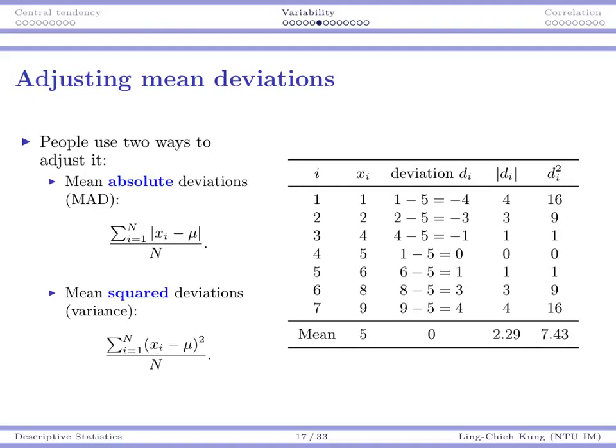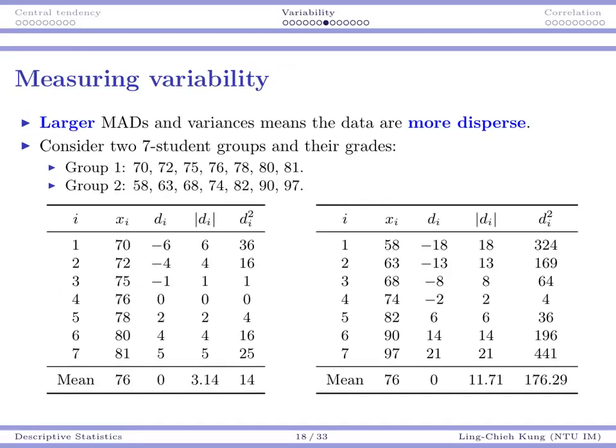So now we have 2 ways to measure variability of a set of data. Either you use MAD or you use variance. These are 2 measurements that use all the information contained in the data set to produce 2 summarizing numbers. And intuitively, if these two numbers are larger, then that means the data set is more dispersed.